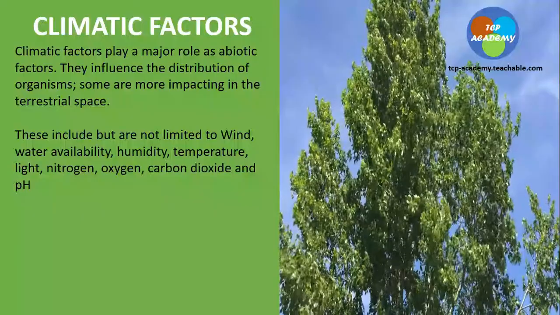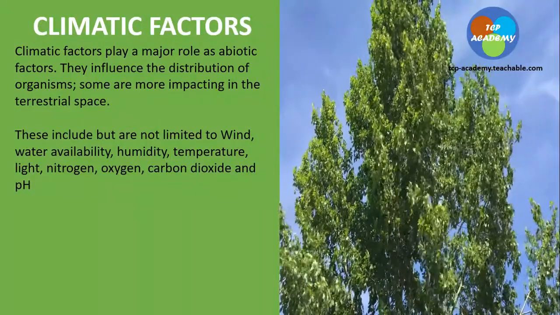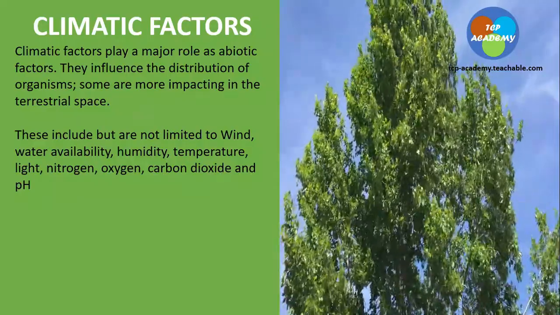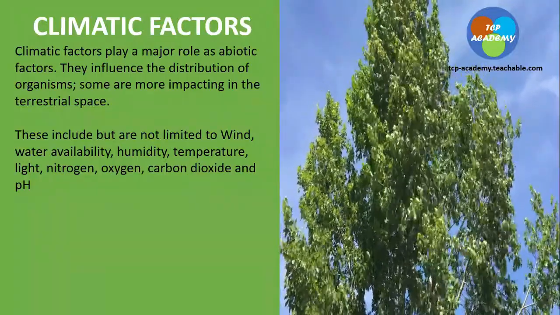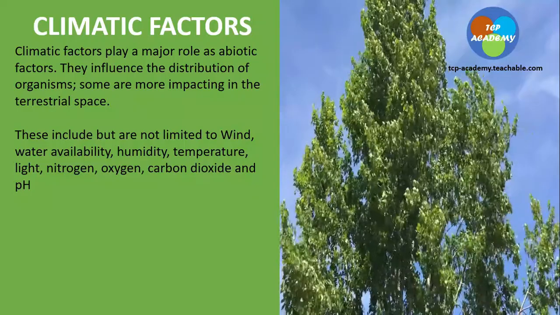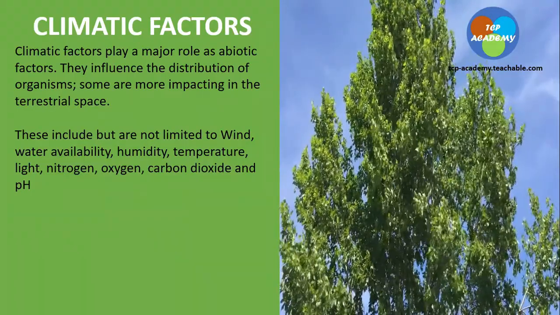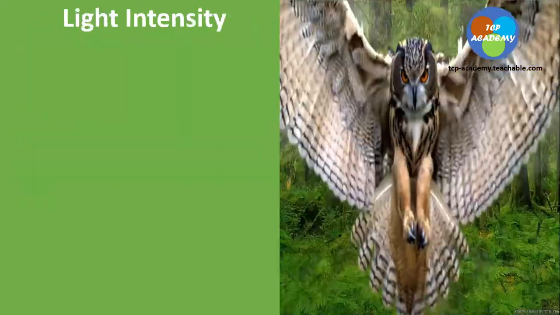These include, but are not limited to, wind, availability of water, humidity, temperature, light, nitrogen, oxygen, carbon dioxide, and of course pH, some of which would have been repeated in other types of abiotic factors.